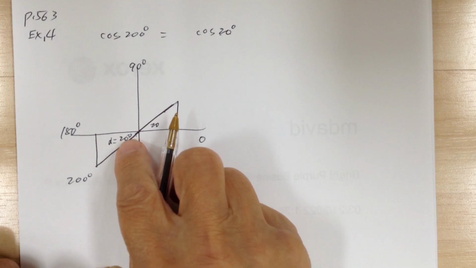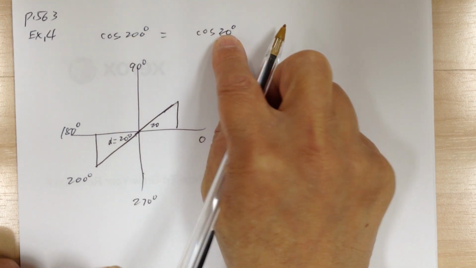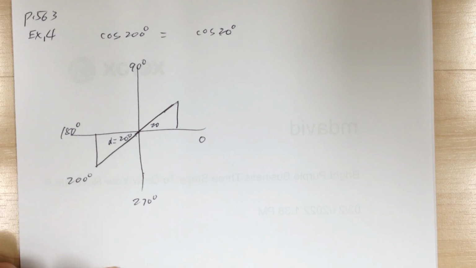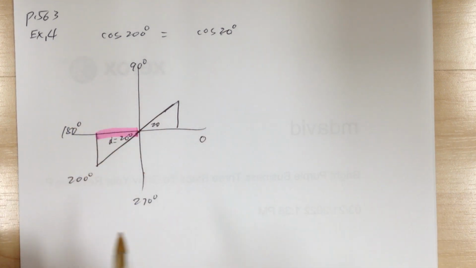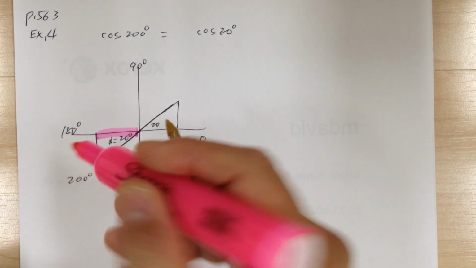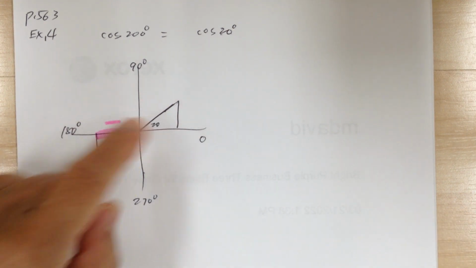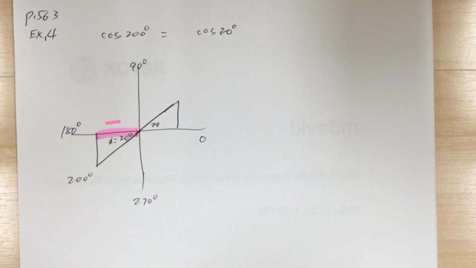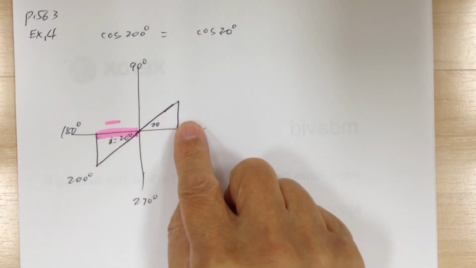Okay, so again, you want to use a reference angle. So what you want to do, you want to make this into a reference angle. Now the thing you have to watch out for is you have to make a plus minus, because cosine is this right over here. Okay, so this is negative, right? So now when we move it to quadrant 1, so again, when you want to make an acute angle, means you want to move this triangle to quadrant 1.